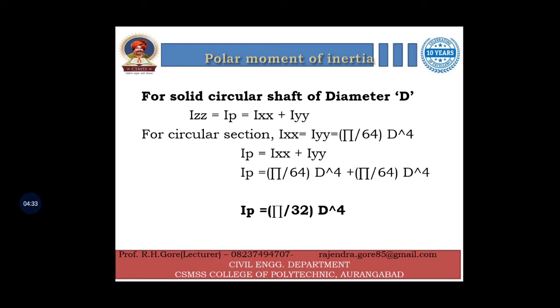This is the standard formula for the moment of inertia about CG for circular sections. So Ip is equal to pi by 64 d to the power 4 plus pi by 64 d to the power 4. So Ip, the polar moment of inertia for a solid circular shaft, is pi by 32 into d to the power 4.